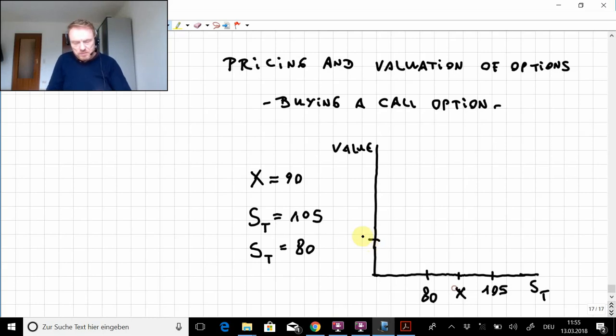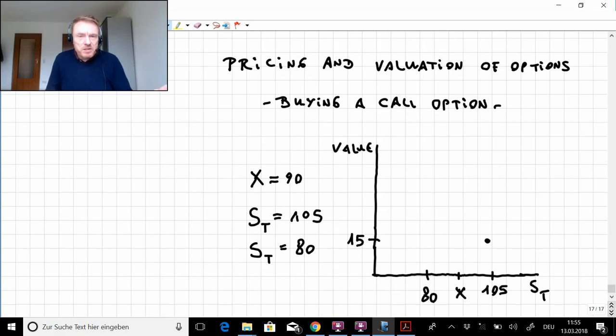The payoff, and here the profit, if the actual price of the option was 0, is going to be 15, so we get this point. The price of the underlying asset is indicated with S. If it's going to be 105, the buyer of the call option is going to buy the asset for 90 and sell it immediately afterwards for 105.